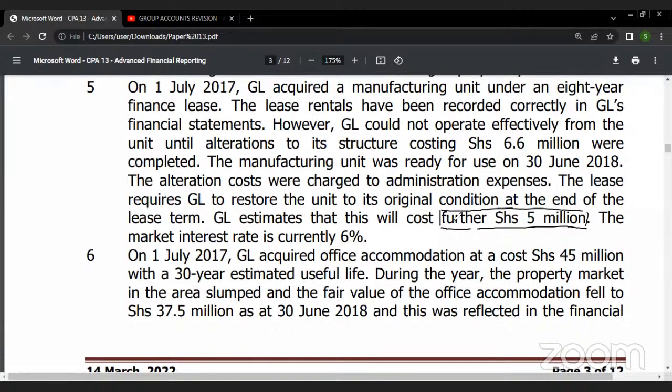So we have to create a provision. This cost is to be capitalized.